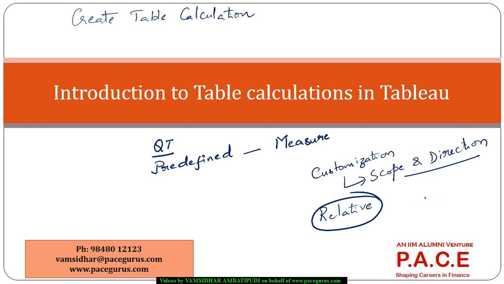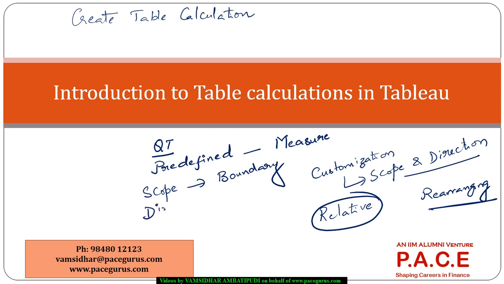Even if we have done the rearranging of the fields in the view, the scope and the direction will not change. Now what are the scope and direction? The scope simply says what is the boundary within which a given table calculation can reference the other values.